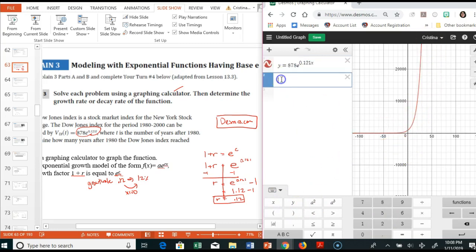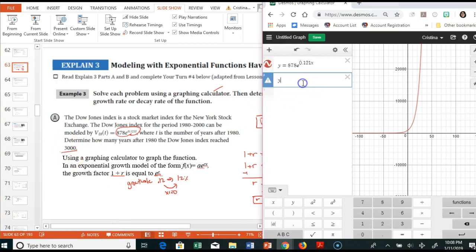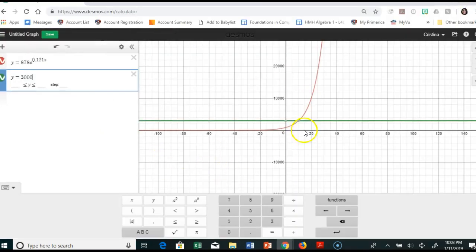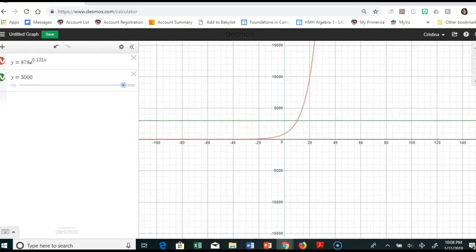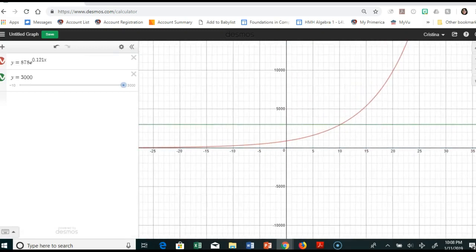Okay. I'm also going to write in my second function of y equals, they want to know at what point the Dow Jones reached $3,000. Just had to look back at the problem. So I see that they do cross. Now if your graph does not look like mine, we can always zoom in. Mine has a touch screen, so I can stretch my y or my x-axis if I need to.